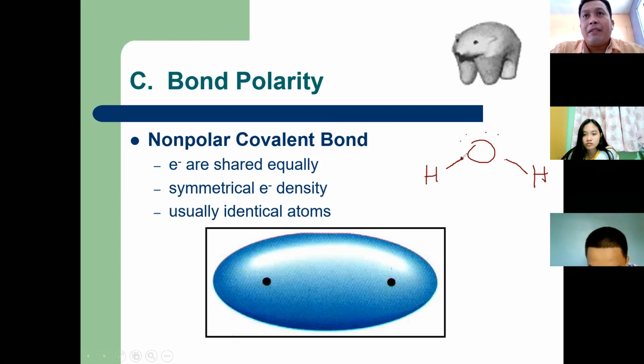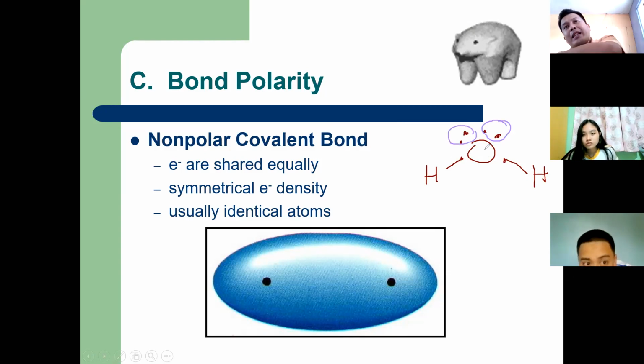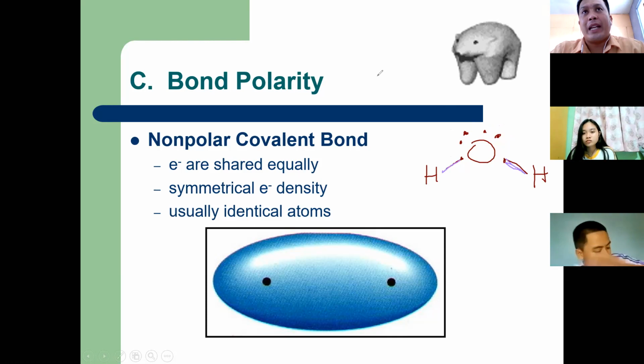This is the fifth and the sixth, and these are what we call lone pairs, class. I'll mention lone pairs again. Lone pairs means they are present in the molecule without sharing or transferring of the electrons to the other partner. This is the bond that exists between hydrogen and oxygen, which is covalent.